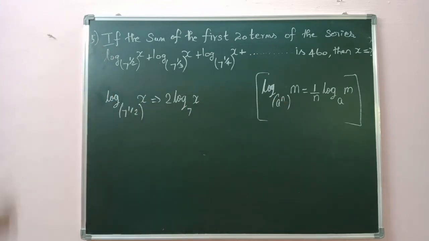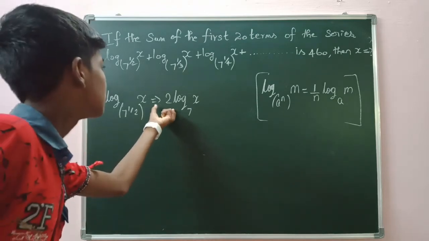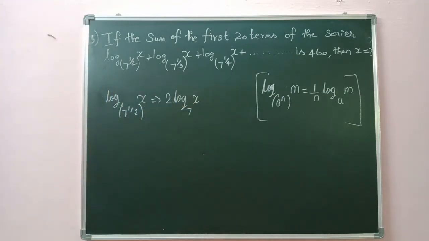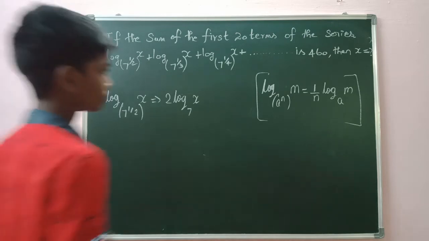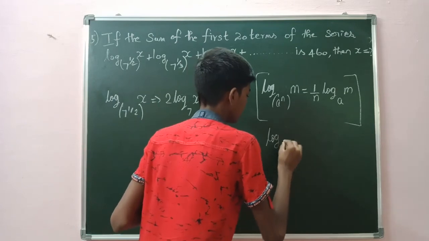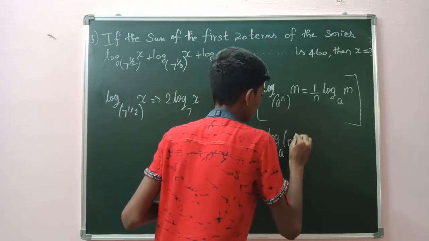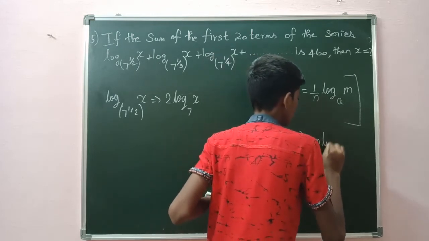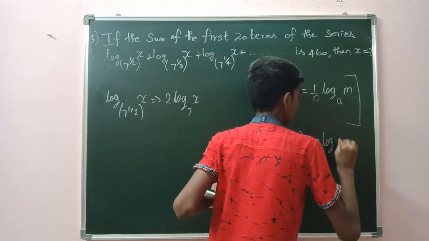Now I am going to use another log property in order to take away this 2, because I have a sum of all those terms, and having 2 here will be difficult. What is the log property? Log to the base a of m power n can be written as n into log to the base a of m.